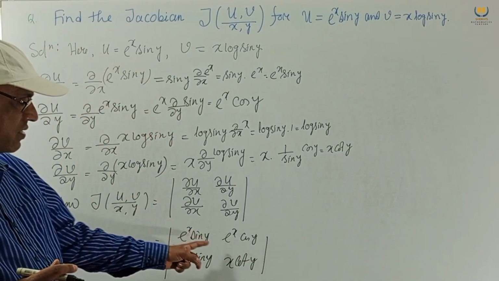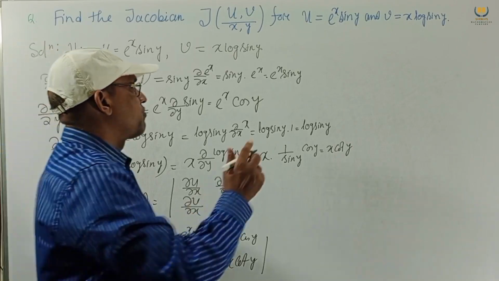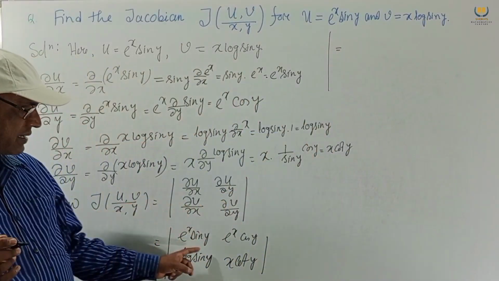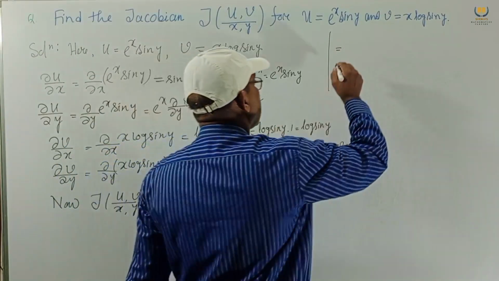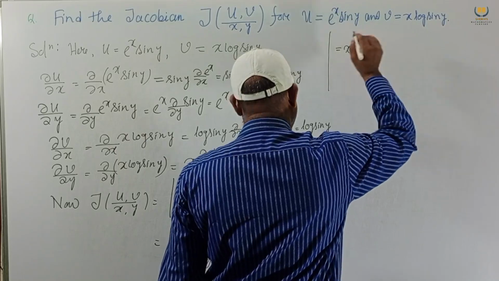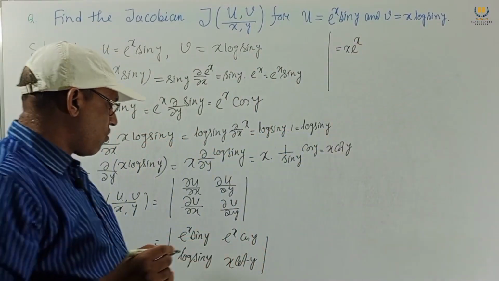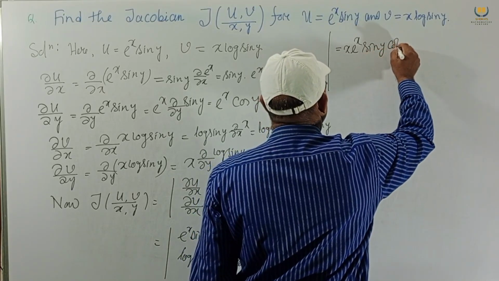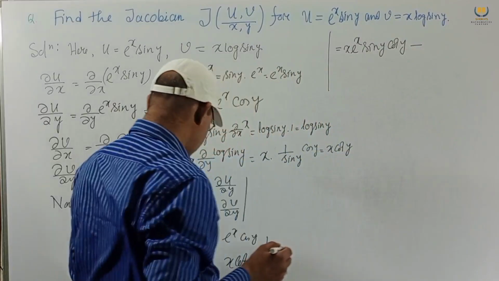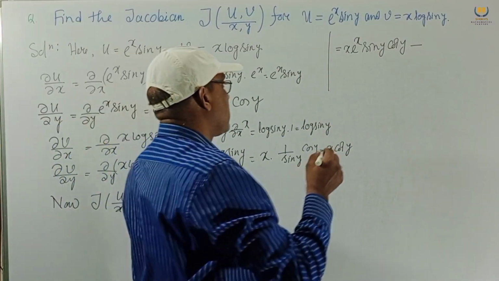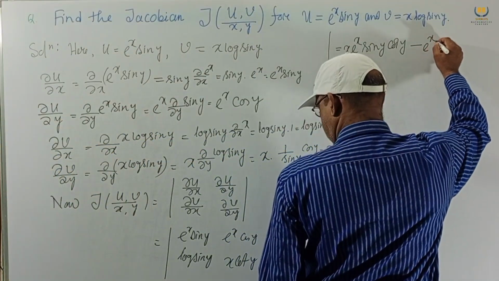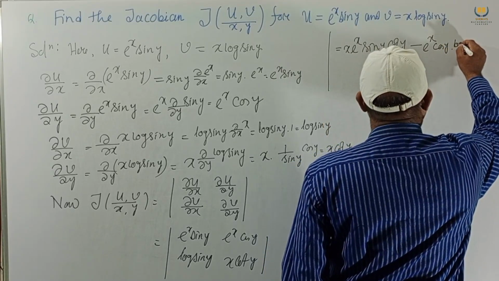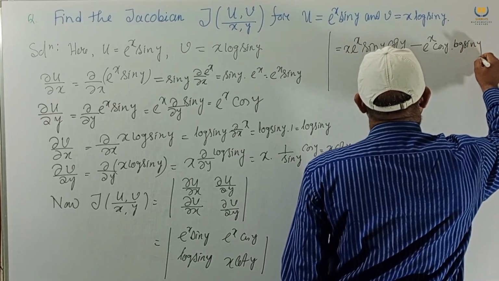Now expand this: this into this minus this into this. So if we expand, we get x e to the power x sin y into cot y, minus this into this, e to the power x cos y into log of sin y.